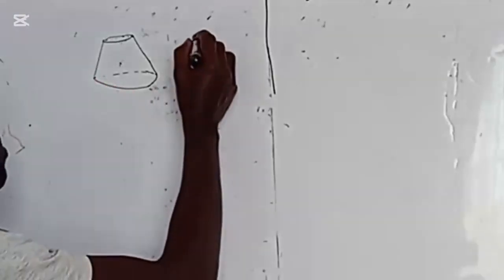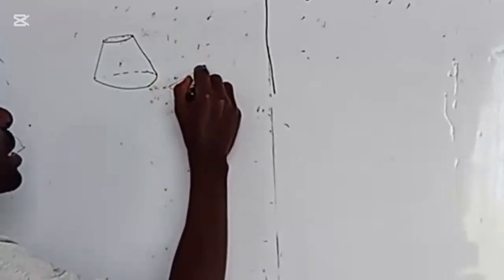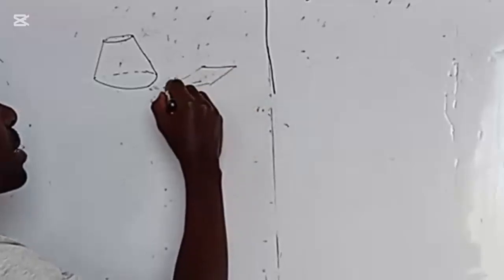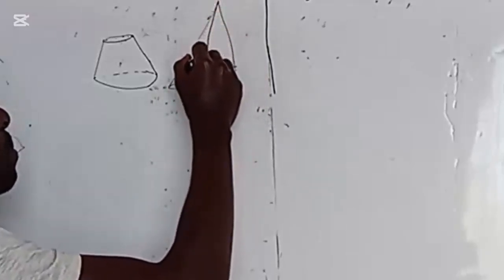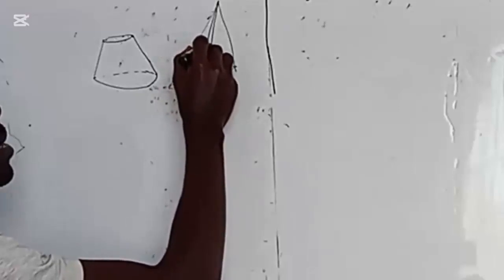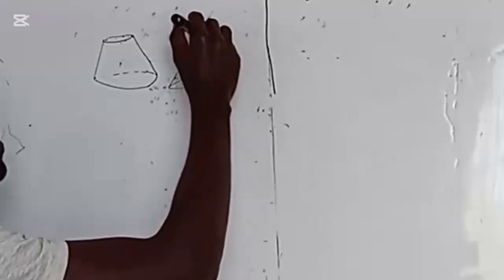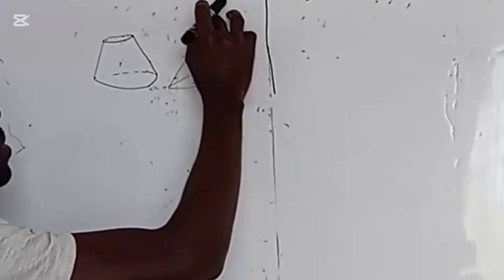If we did the same with the pyramid, which is rectangular, something like that, and then we removed part of this, we would also have part of the pyramid and part of the cone.